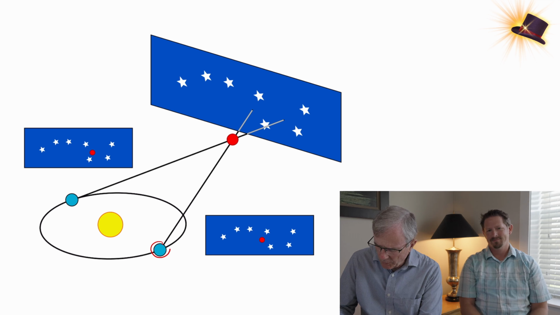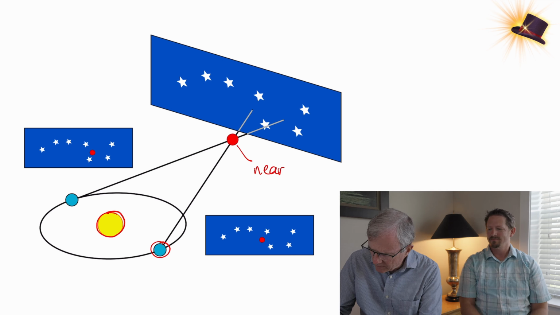This is the Earth in orbit around the Sun, and on two different sides of the Earth's orbit around the Sun, you're looking at a nearby star, and then this is the background of distant stars.